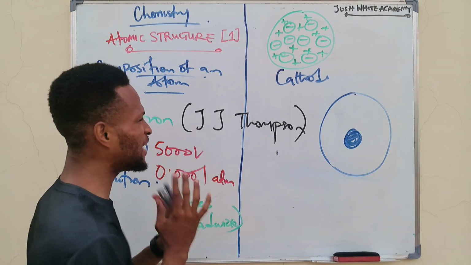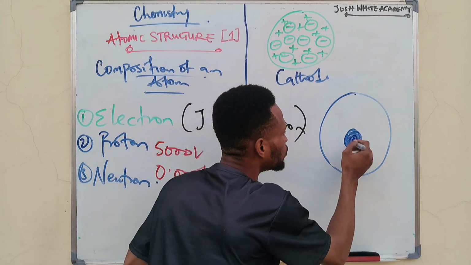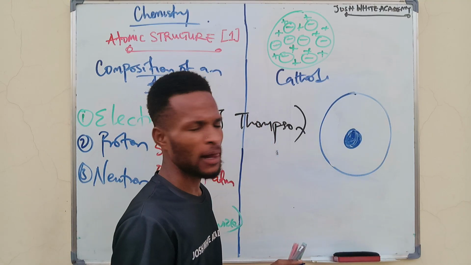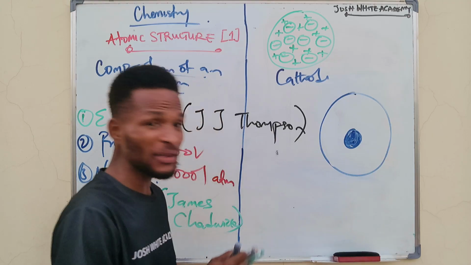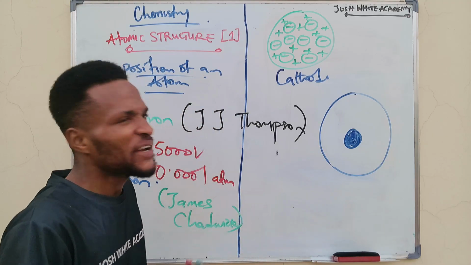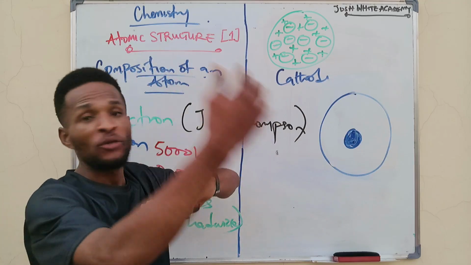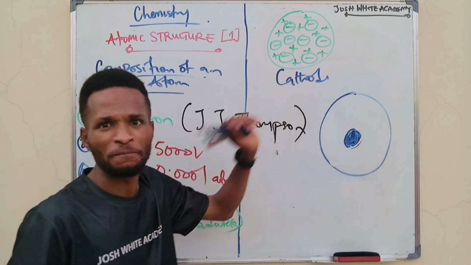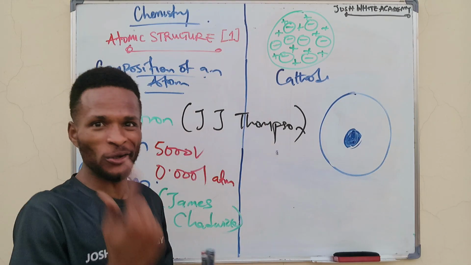Rutherford also explained that the nucleus is positively charged because of the presence of protons and neutrons, and that the electrons are found revolving on the orbit or shell, like the way the planets revolve around the sun.